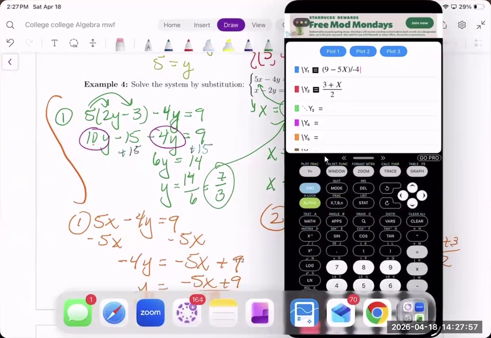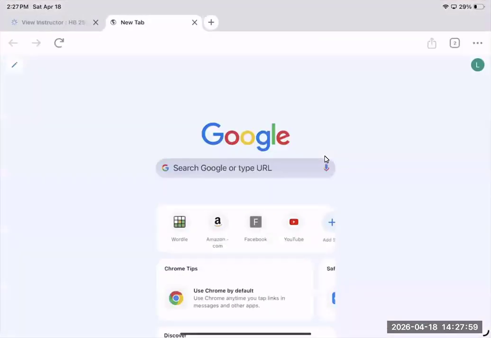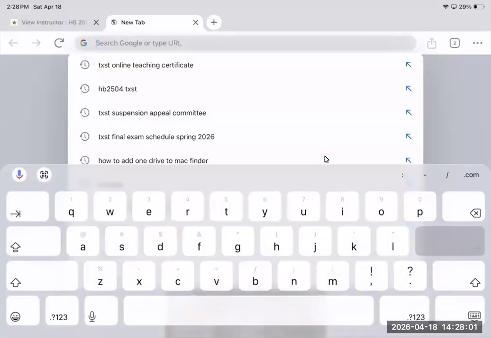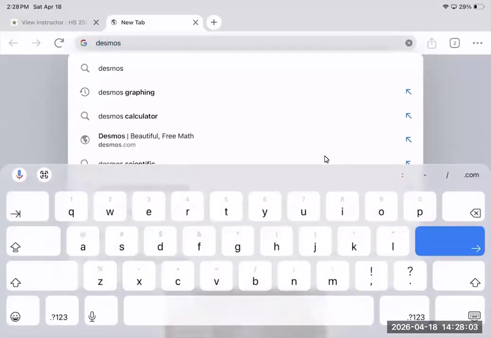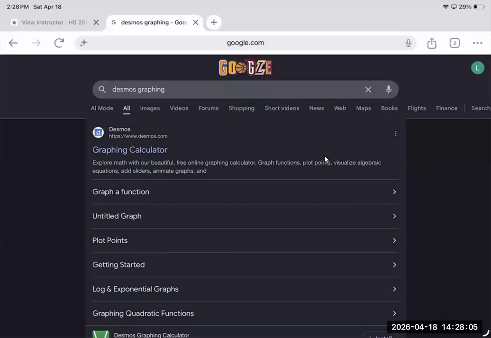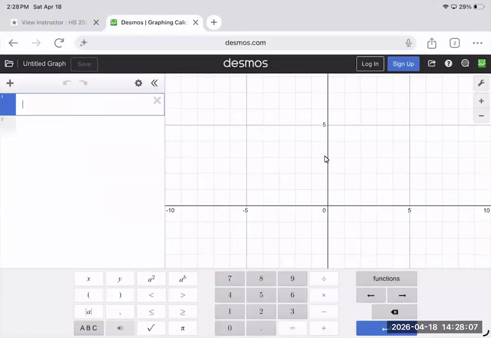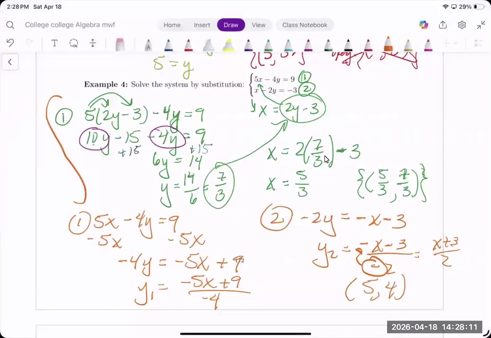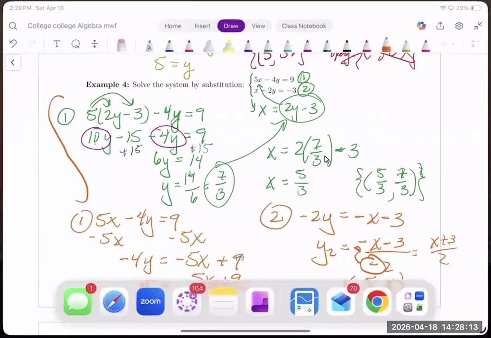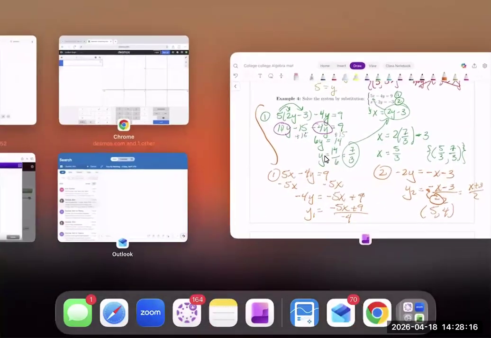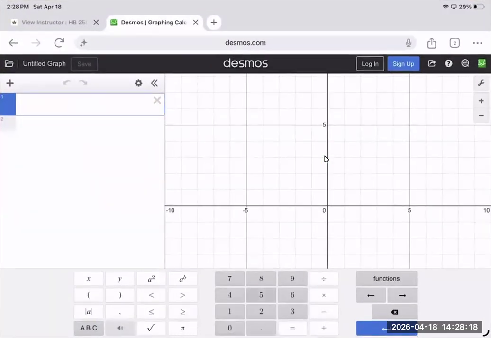See, 9 minus, here, let's just see. We can go to Desmos. Desmos graphing calculator. See, now we go here, 5x minus 4y equals 9.